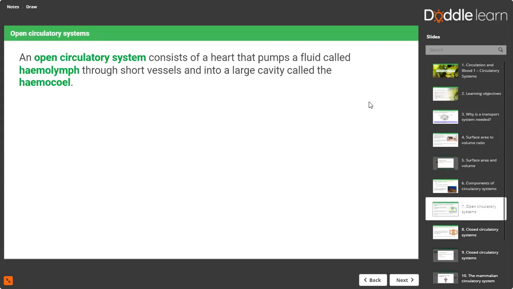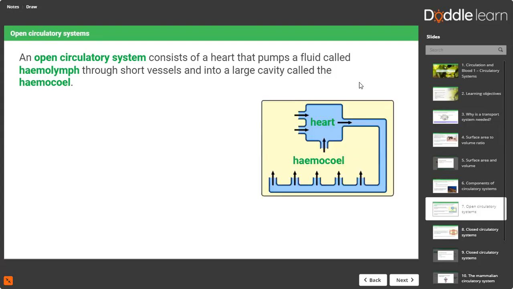Open circulatory systems consist of a heart that pumps a fluid called hemolymph through short vessels and into a large cavity called the hemocoel. Here we've got a heart, and that pumps hemolymph through short vessels into this large cavity called the hemocoel.